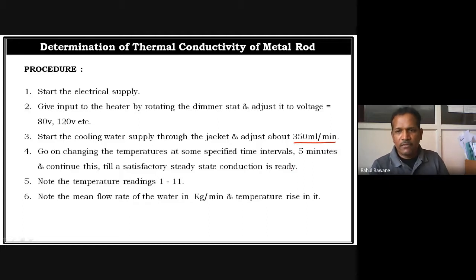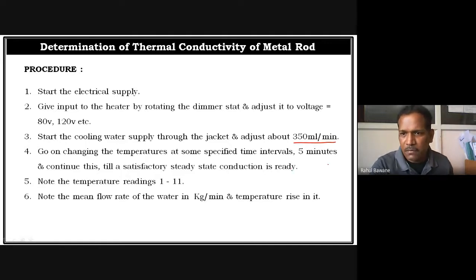Otherwise, your end will always remain undercooled, and you will never get the temperature difference of cooling water inlet and outlet, because the flow is that high. A high flow rate easily carries some heat away, but the temperature rise will not be much, so the calculation will be affected.